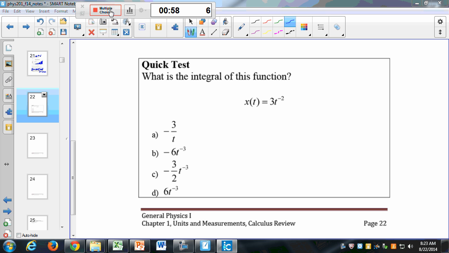Remember my integral, the integral of b t to the n dt is b over n plus 1, t to the n plus 1.